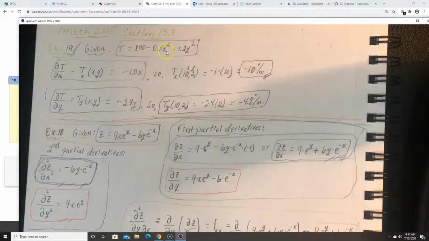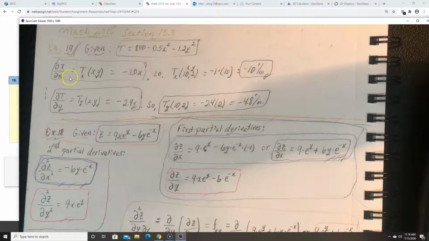So let's take the partial derivative with respect to x. And as I told you, there are different notations for it. Here's one notation, probably the easiest. If the name of the function is capital T, then the partial derivative with respect to x is just the T with a subscript x. That means the partial derivative of T with respect to x of this two-variable function.